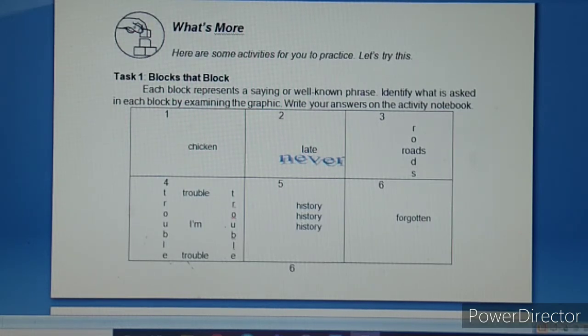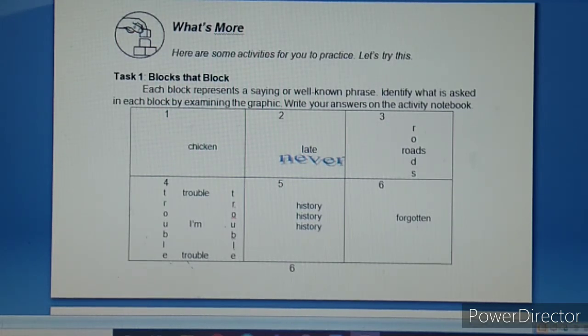So that's it for number 1. Let's move on to number 2. You have there the words late and never. What do you think is a well-known phrase that could represent number 2? Okay, the correct answer for number 2 is better late than never.